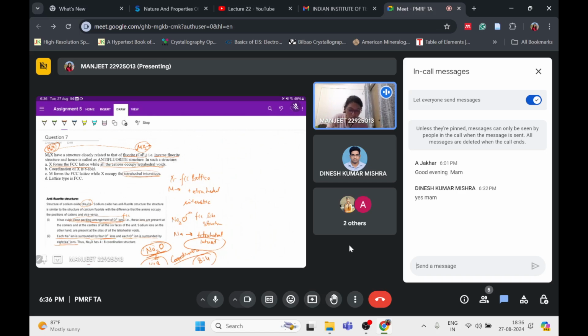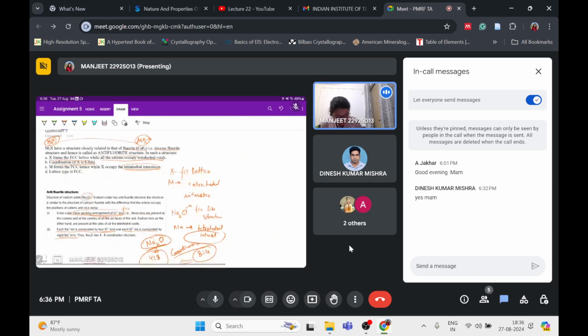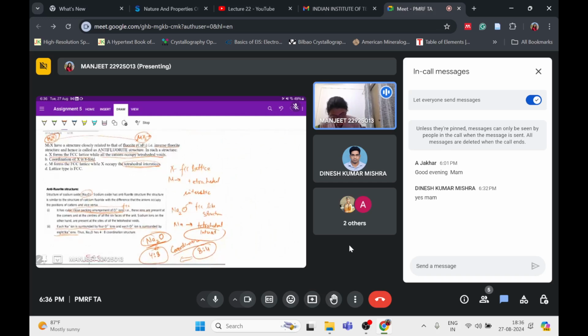It will only occupy some of them so that they can maintain their stoichiometry. So it only occupies the tetrahedral interstices. The coordination number of X is eightfold. Yes, the coordination number of X will be 8. This is true.